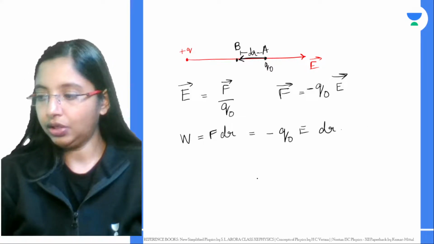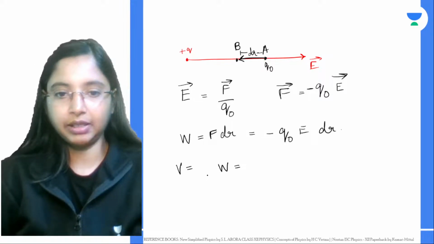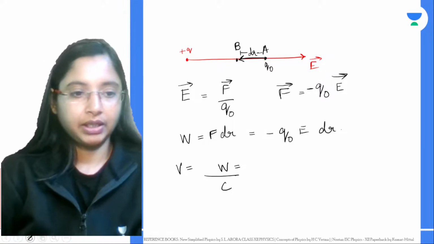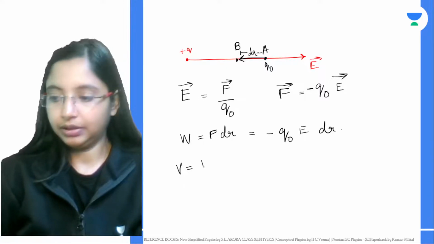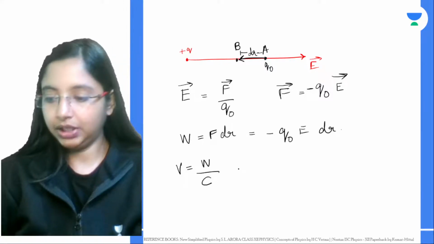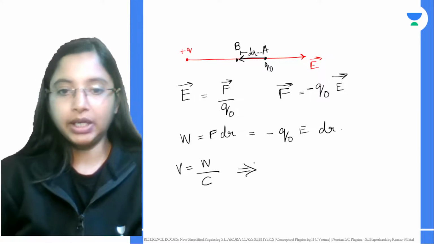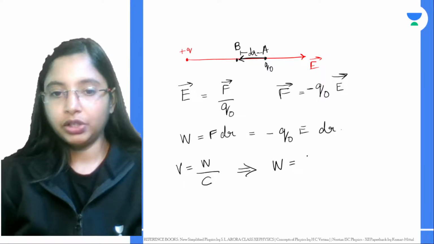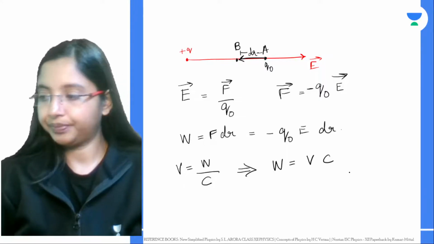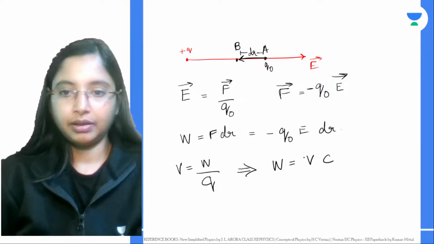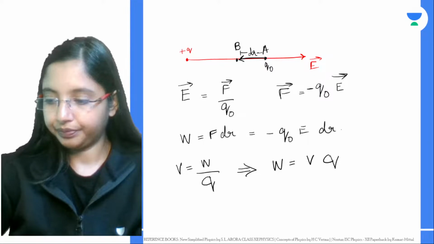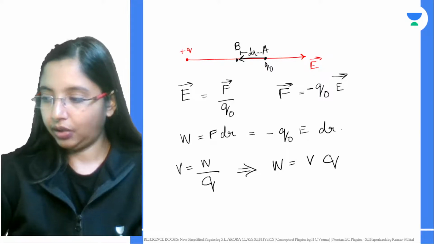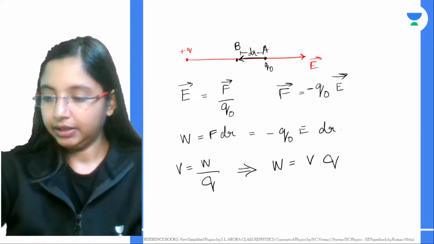We also know potential difference is nothing but work done per charge. From here you can say work done is nothing but potential difference into charge.